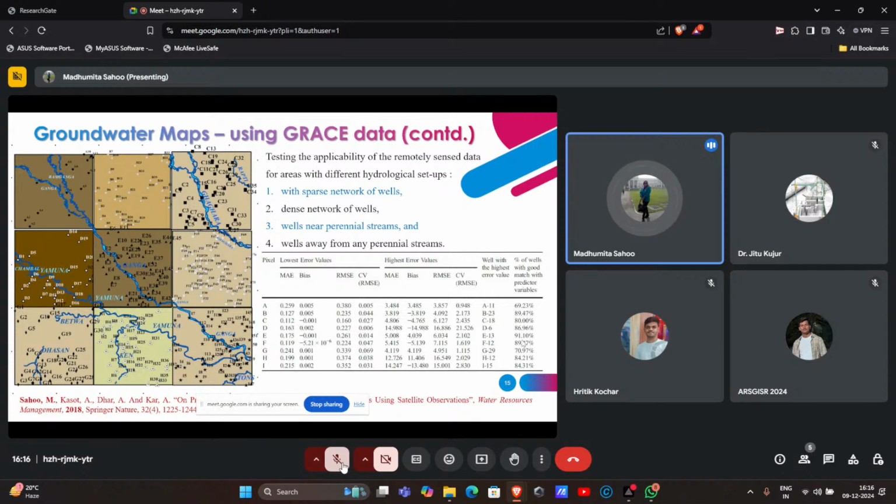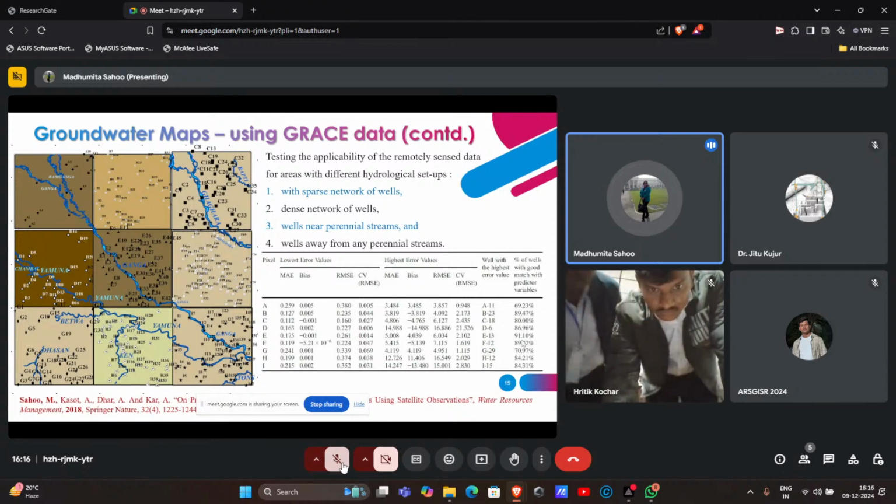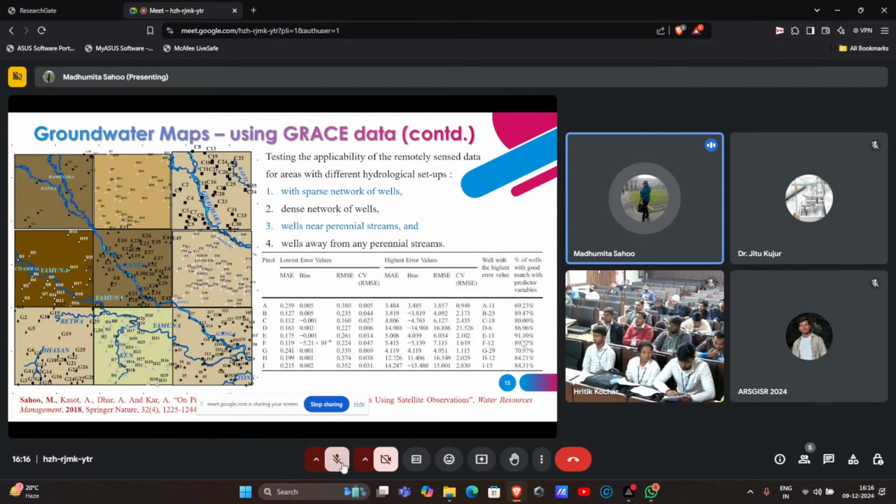Now, when we say the groundwater level and GRACE data, the GRACE data gives gravimetric data, right? So the gravitational changes that are happening on the Earth's system, and that is being sensed by the GRACE data.